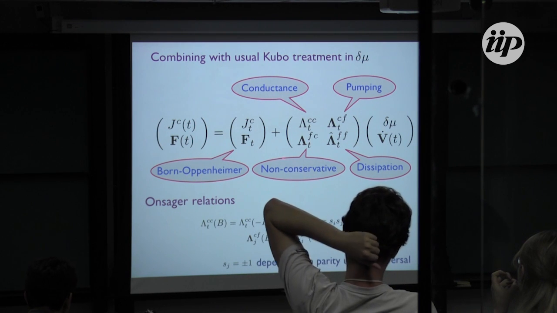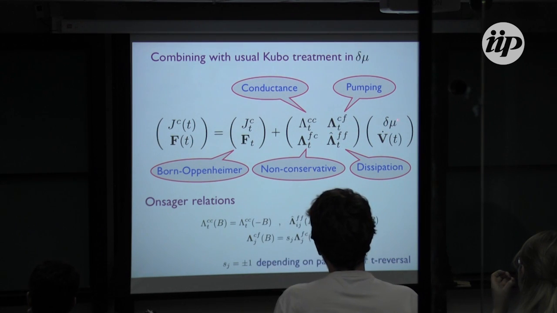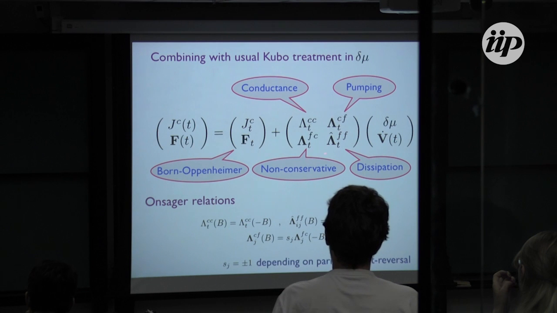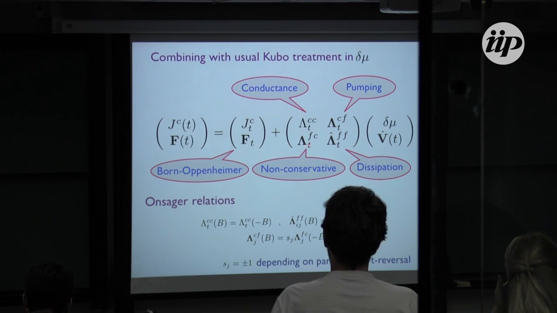And these coefficients here are transport coefficients, very similar to the ones I mentioned at the beginning of the talk. In particular, this coefficient here is the usual conductance. This coefficient here, which relates the charge flux with v dot, is related to the effect of pumping.